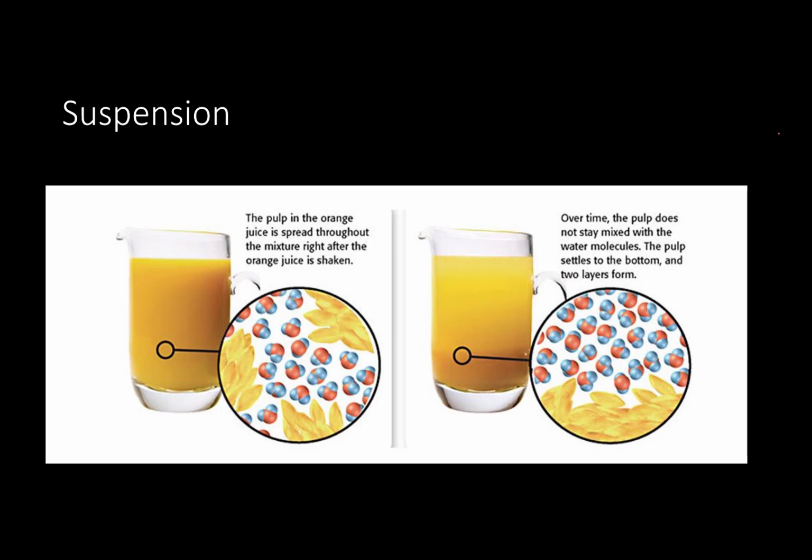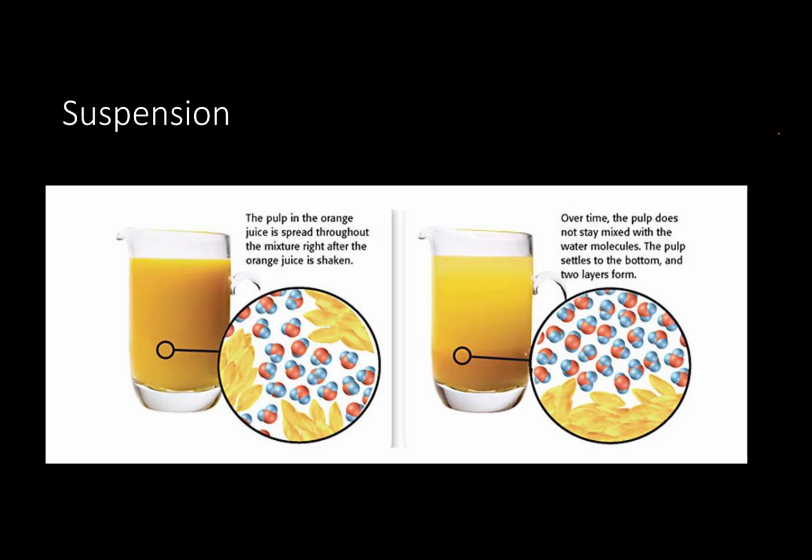Okay, a suspension is slightly different from a colloid. The thing that's different about a suspension is that it only stays mixed together for a short amount of time. In fact, a suspension generally would be a category within a heterogeneous mixture.